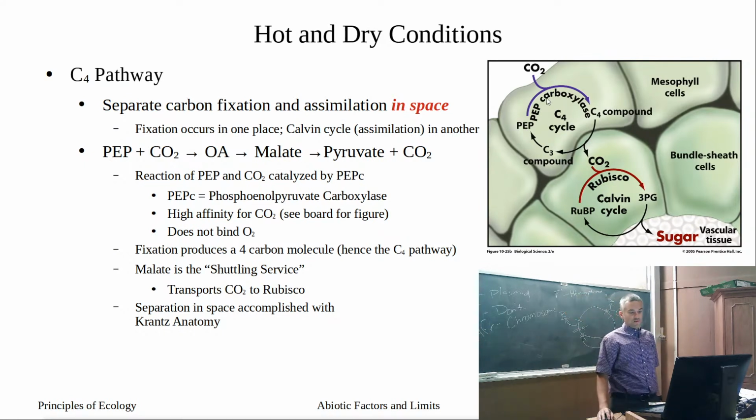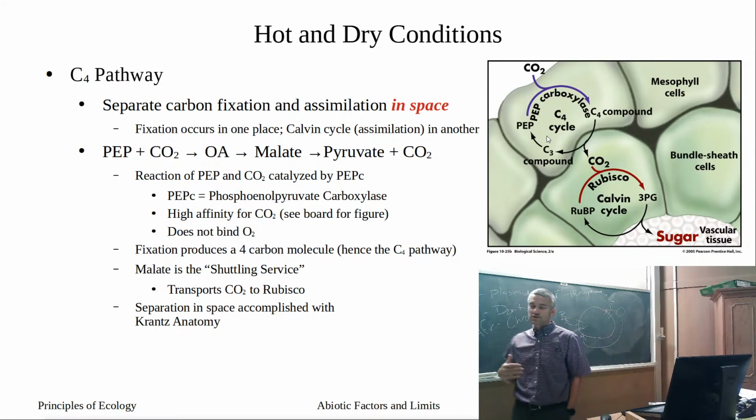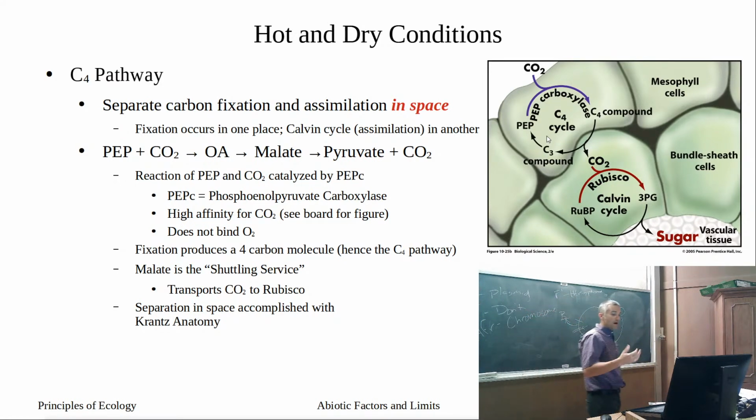Why? We're not only regenerating the RuBP from the Calvin cycle, we also have to regenerate PEP, and we need energy to transport malate into the bundle sheaths. So we've got a higher energy expenditure, which results in a lower efficiency, but we avoid photorespiration.